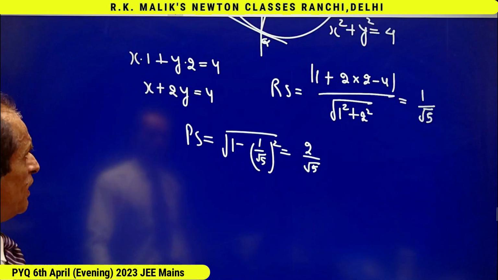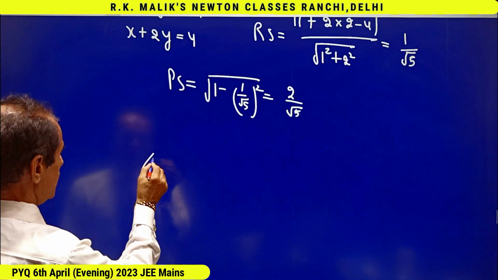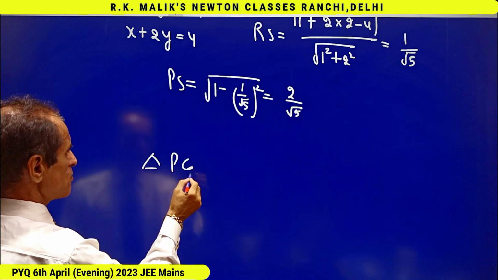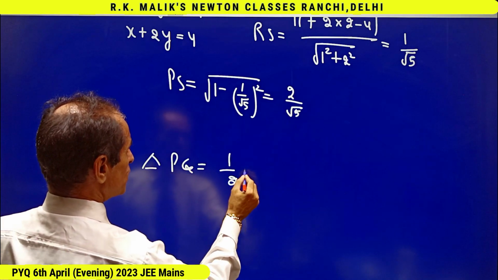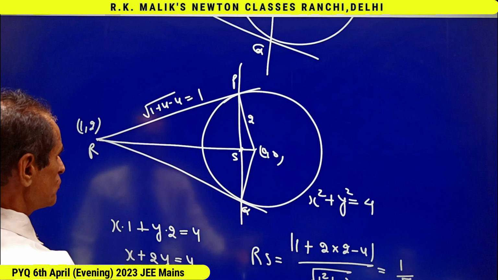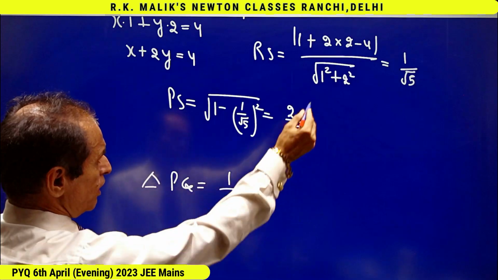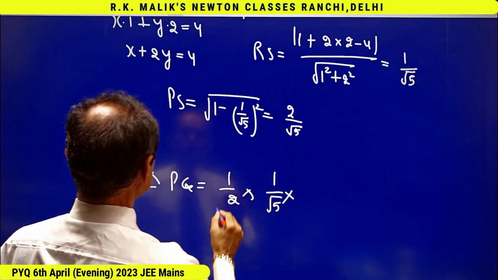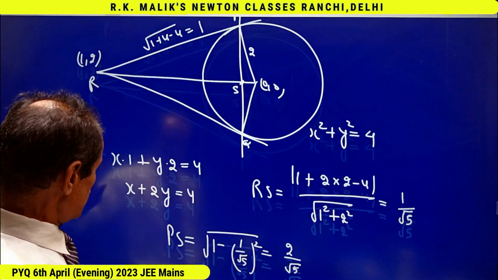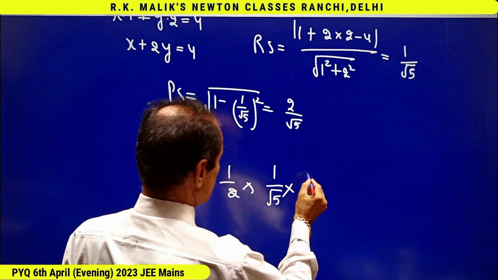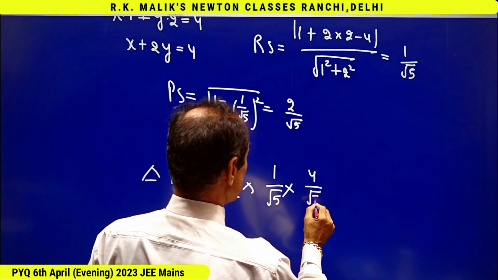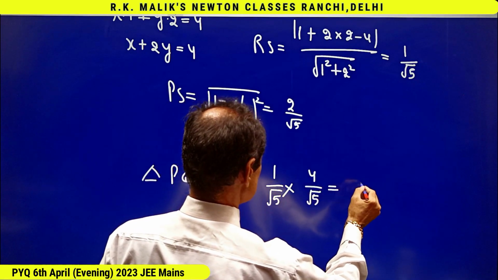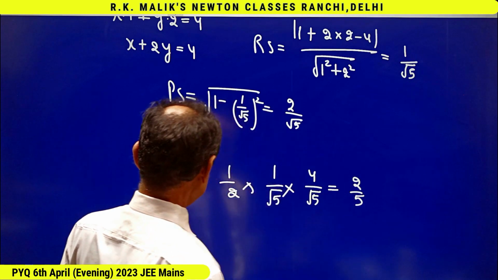And therefore area of triangle PQR will become 1 by 2 RS into PQ. RS is 1 by root 5. PQ is double of PS, that is it will become 4 by root 5, so the area is 2 by 5.